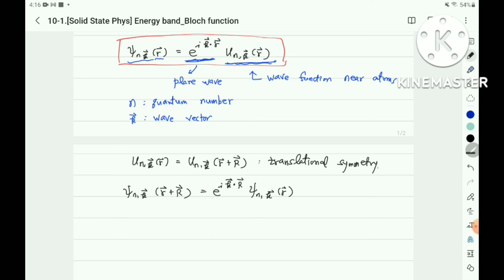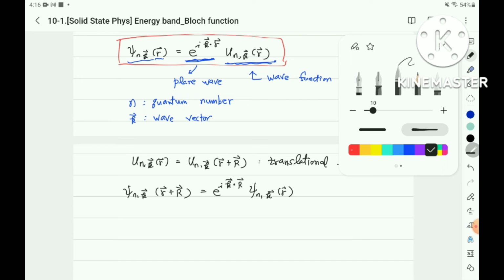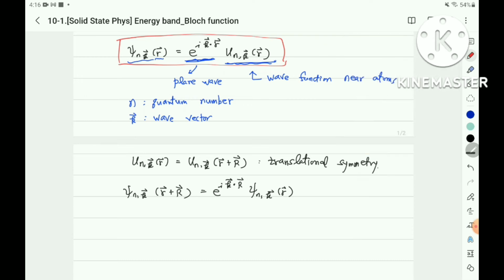You can simply understand that if we define the wave function as a plane wave state of the atomic wave function, then there is a periodic boundary condition of the translation symmetry.